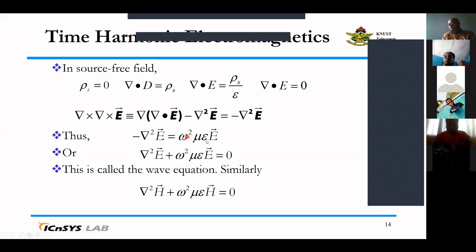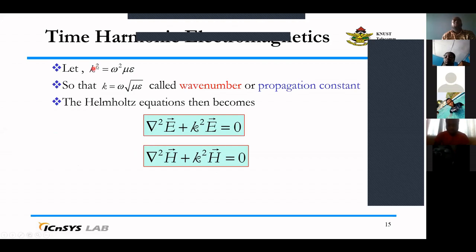Now, this quantity here, omega squared mu epsilon, we can replace with a constant, because it's all constant. Omega is 2 pi f. If you're given the frequency, the omega is constant. Mu is constant and epsilon is constant. So you can represent that by k squared equals omega squared mu epsilon.